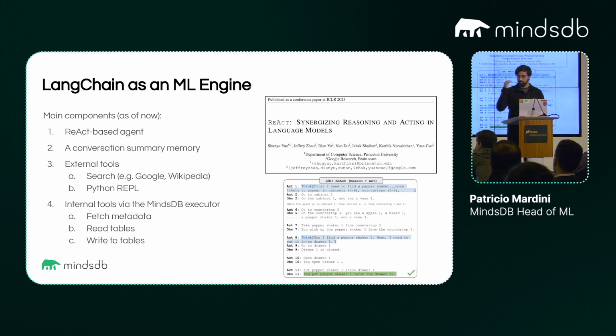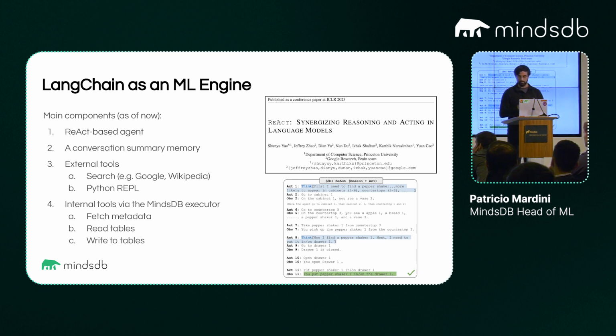And it's going step by step, which is another paper that's used as a reference here. And it reasons, it's a pretty long chain. So what we're doing in the MindsDB integration with LangChain, we're using a ReAct-based agent, which is quite a complex beast, as you can see from the example.